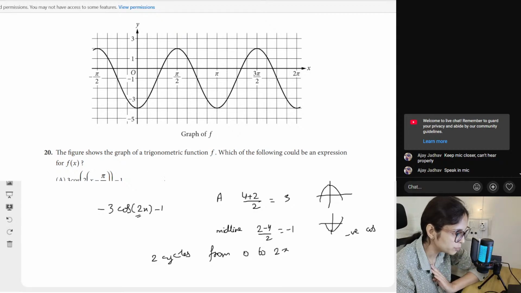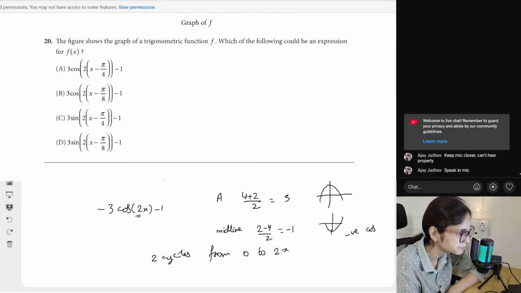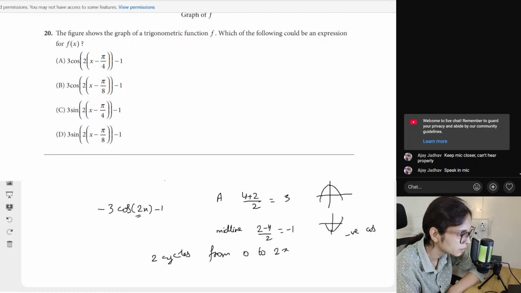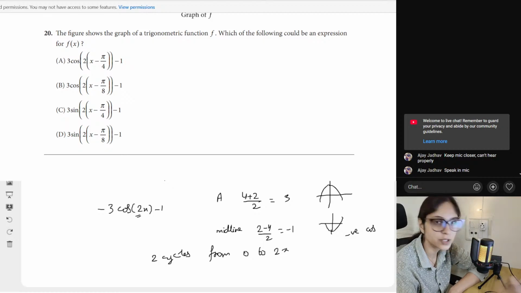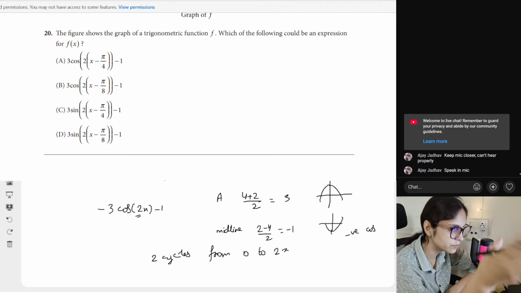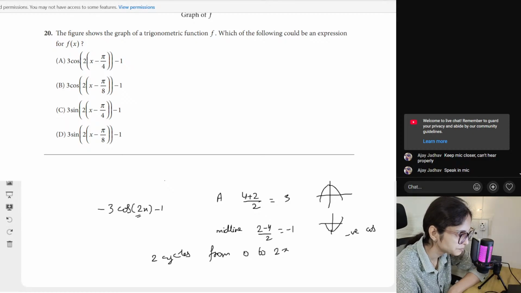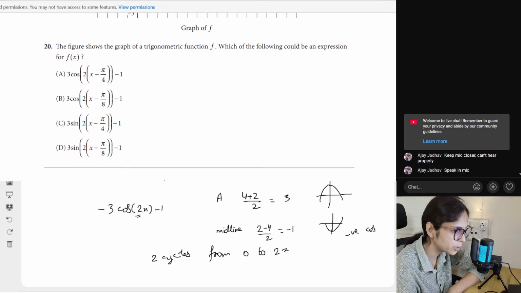Now if you look at the options, we already have a cosine, so it is not cosine after phase shift. There are phase shifts of pi over 4 and pi over 8.